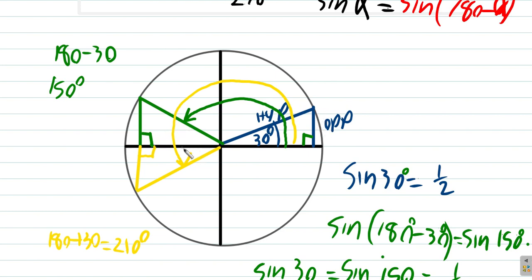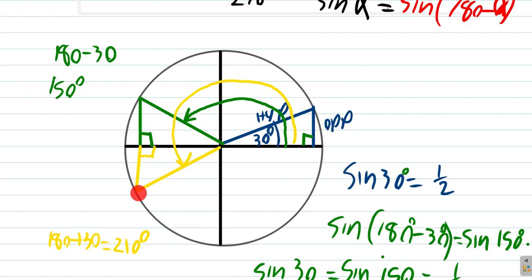Let's see what happens over here. The opposite is measured from 0 upwards. That's the positive direction of y. So it is positive. A positive opposite over a positive hypotenuse gives us a positive value. Now here for 210, the angle goes downwards.